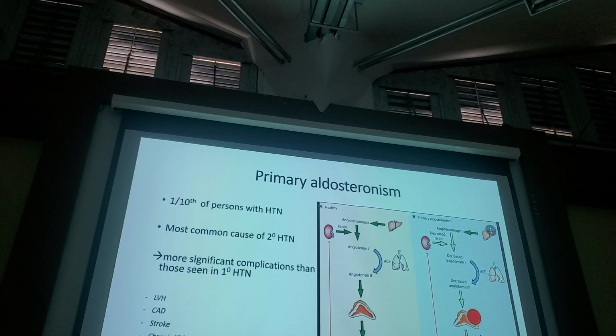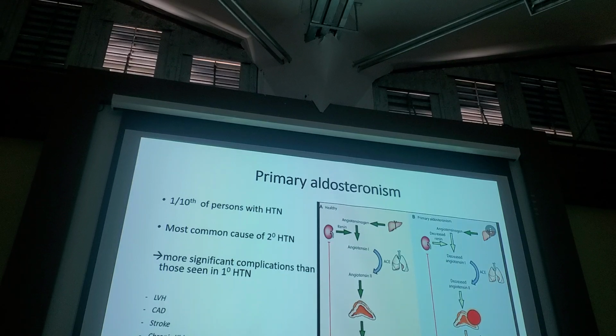If the problem exists in the adrenal gland and that is where the aldosterone excess is coming from, then what do you expect to happen with renin? It will decrease because you have aldosterone overload and it's sending a feedback signal to the kidneys. It's saying, shut down any further renin stimulation, I don't want to make any more. So that is how you distinguish.